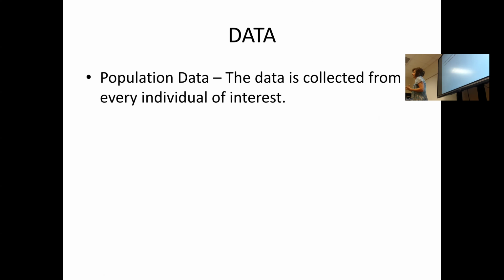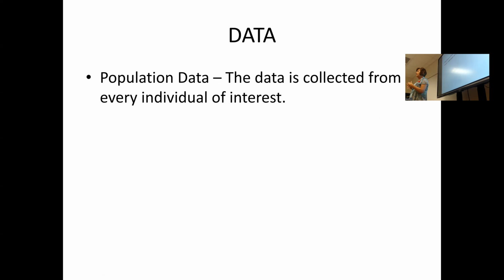We don't have any unknown people in our population, but it might mean we've got about 7,000 people we need to go get information from. Now, I don't want to have to go talk to 7,000 people all by myself, but it's possible to contact all 7,000 people.